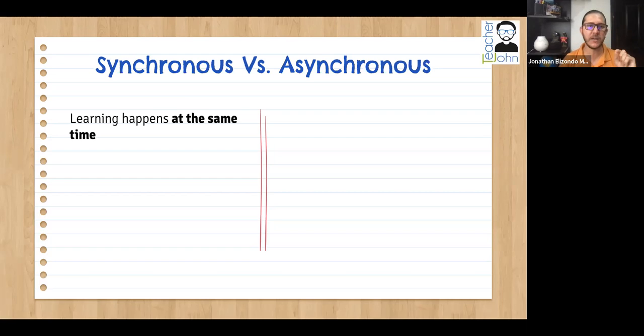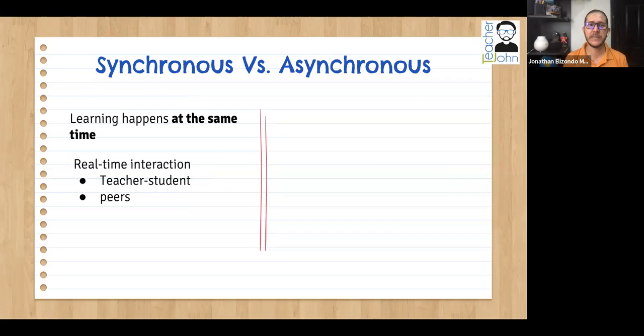So that is the key element of synchronous education. Real time interaction, again, between the teacher and the student, or between peers, between the students. Because maybe it is a homework or an assignment, it is a discussion. So you're learning in real time with your students, not necessarily with your teacher.